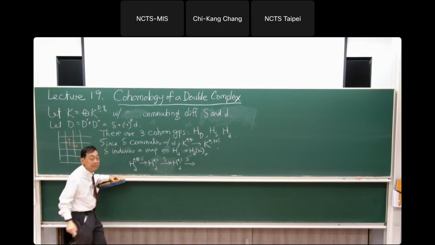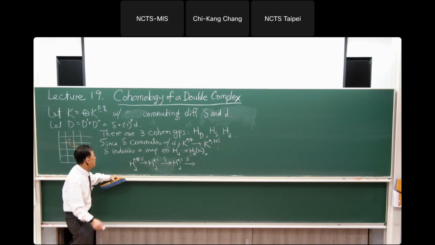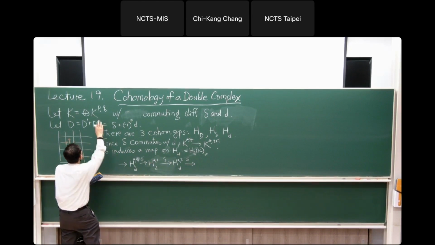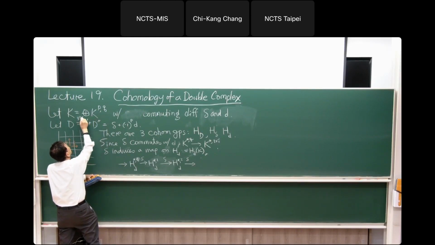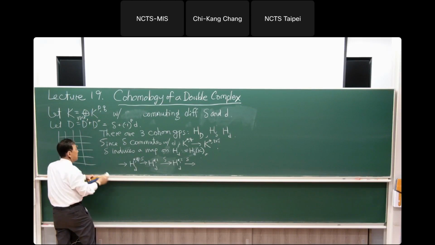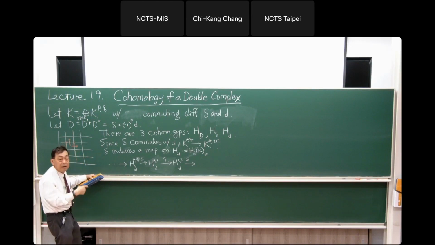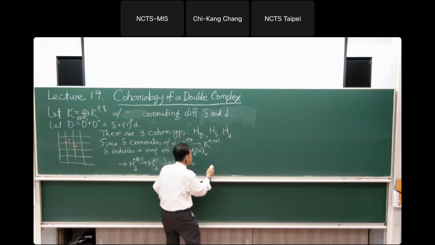So you have this map delta on H_d. And if we don't assume that this is a first quadrant double complex, then p and q are in Z, so you can go forever in either direction.